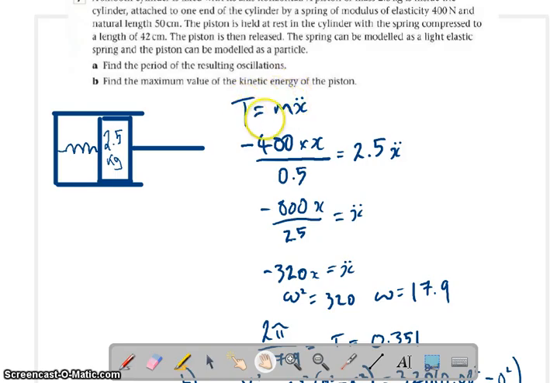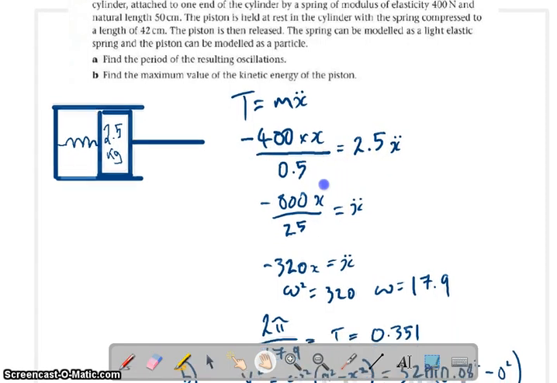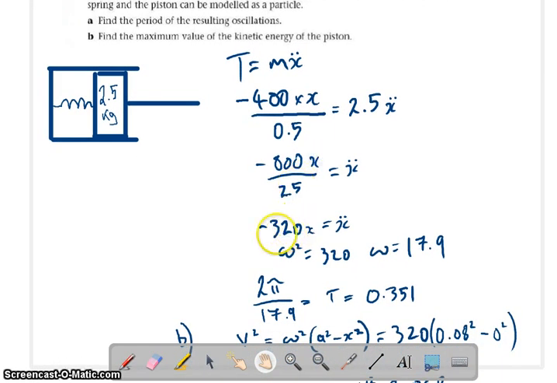So we start off with tension is equal to mass times acceleration. We substitute in our values of tension and mass. We find that the tension divided by the mass gives us minus 320x is equal to the acceleration. So that leaves us with omega squared being equal to 320, and omega being equal to 17.9.